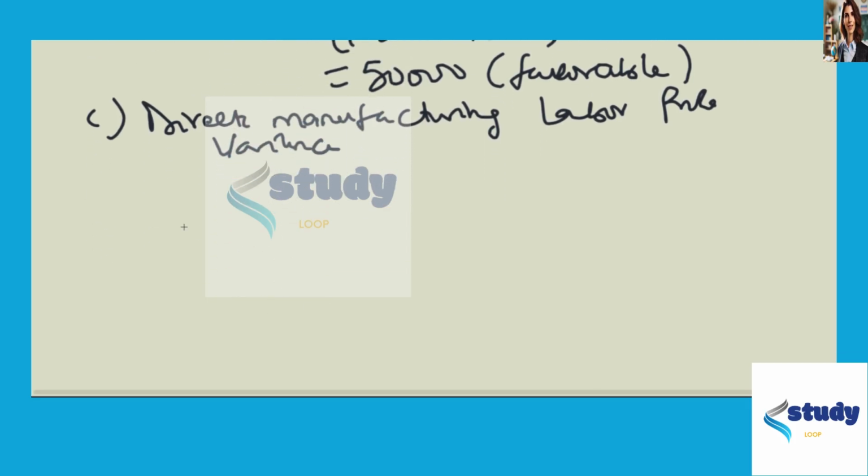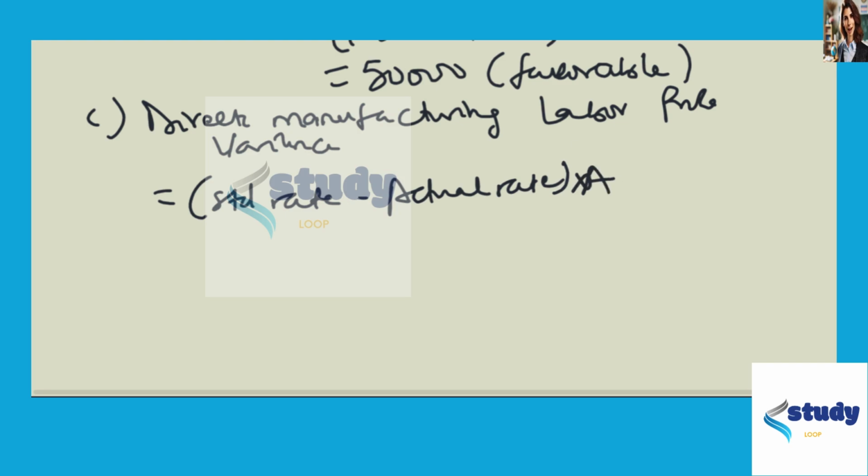The formula for this is the standard rate minus the actual rate multiplied by the actual hours.